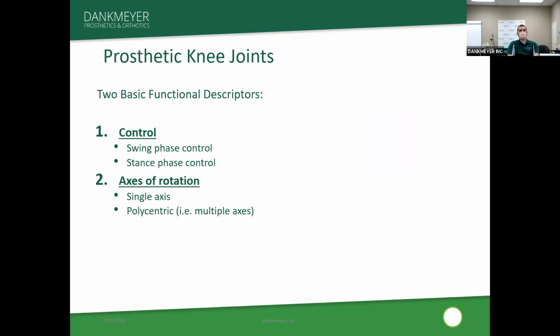So two things that we need a prosthetic knee joint to do. It needs to provide control, right? It needs to control the swing phase of gait and the stance phase of gait. And typically knees will be constructed in one of two different ways. We'll have a single axis of rotation, or polycentric, where there's multiple axes of rotation.